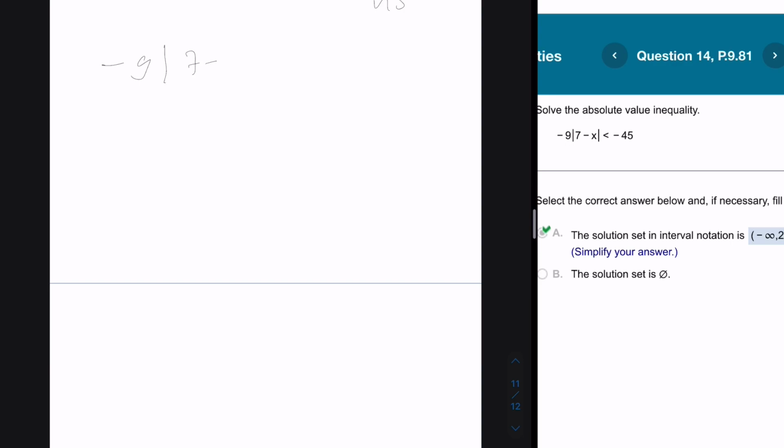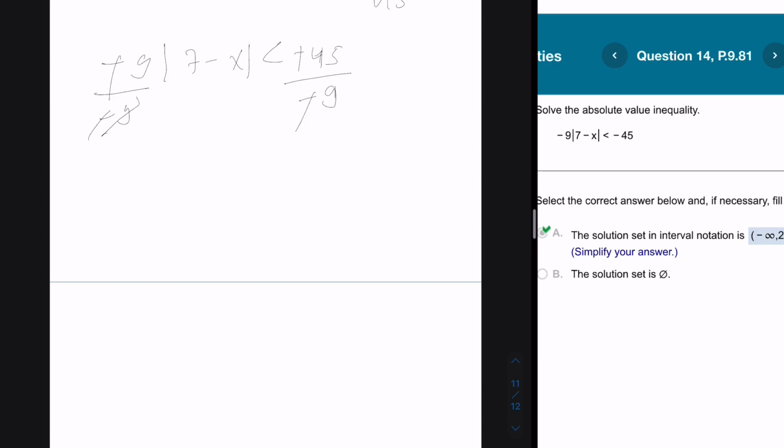Minus 9. We are dividing both sides by minus 9. 45 by 9 means 5.